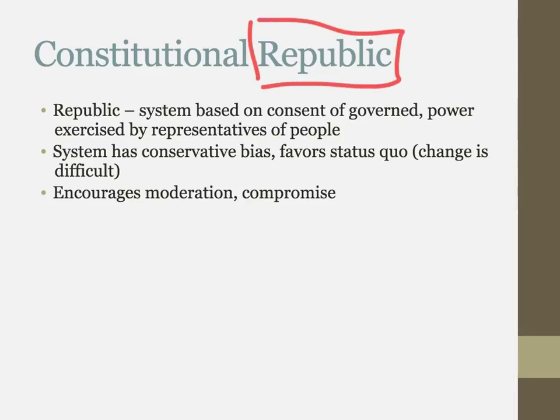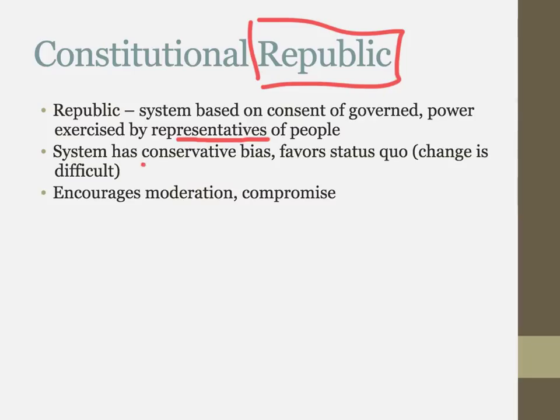Now, a republic is a word that we don't use all that often in our general talk about government. We tend to talk about democracy. But a republic is based on the consent of the governed, and this is the key part of what it is. It's representatives that are making the actual decisions. So in a republic, people elect representatives to make their decisions.